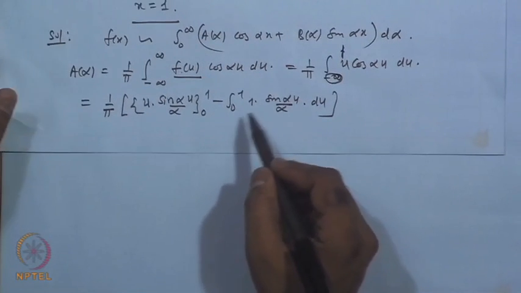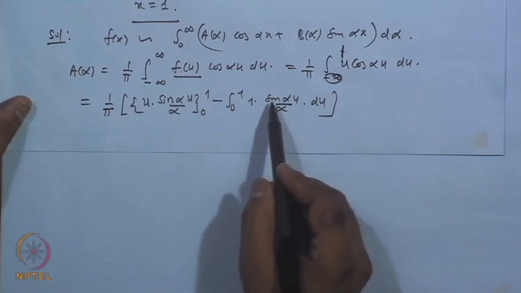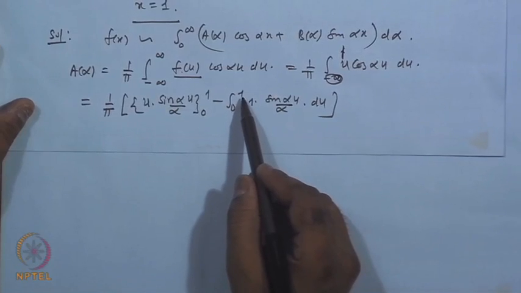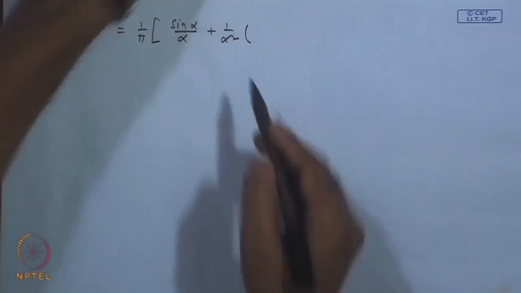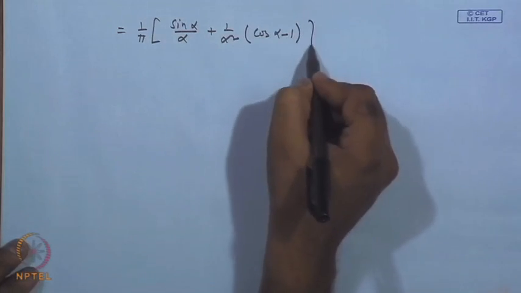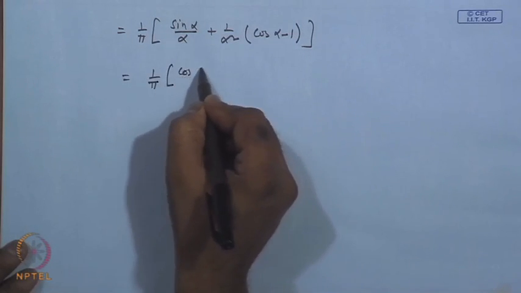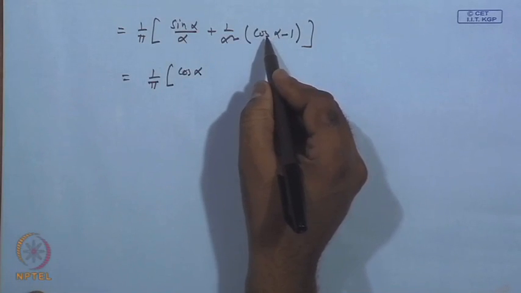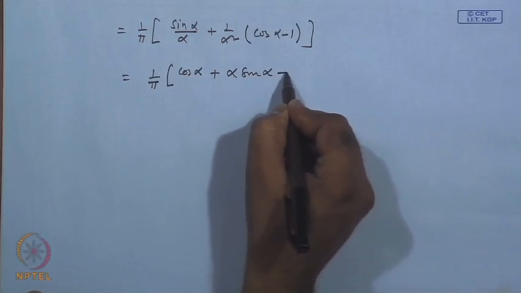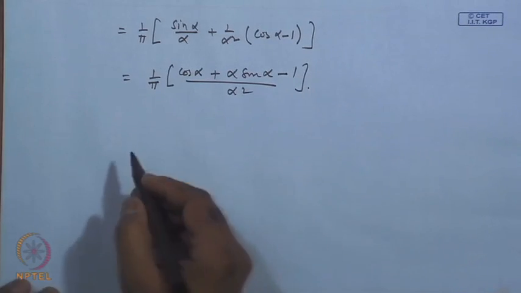This will be plus in that case, because the minus comes after this integration, and then we substitute the limits. The upper limit gives cos α and then minus 1. So, 1 over α squared times (cos α minus 1). So, we have A(α) equal to 1 over π, cos α plus α sin α minus 1, over α squared.